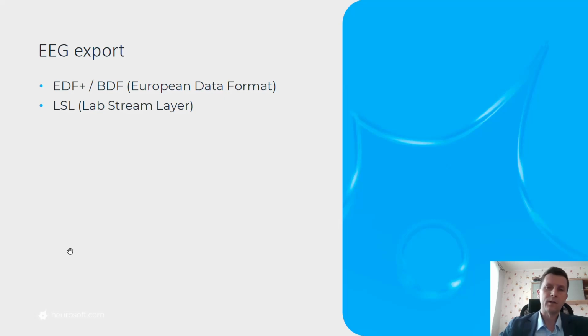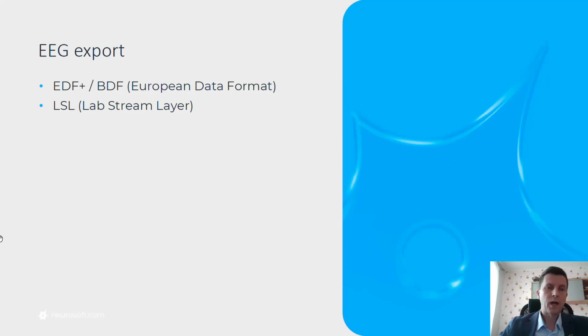EEG export is also a very important part of any modern EEG software, because not every analysis can be done in our EEG software, but we can use, for example, so-called external or third-party EEG analysis software, for example, MATLAB, EEGLAB, Simulink, OpenViBE, and others.